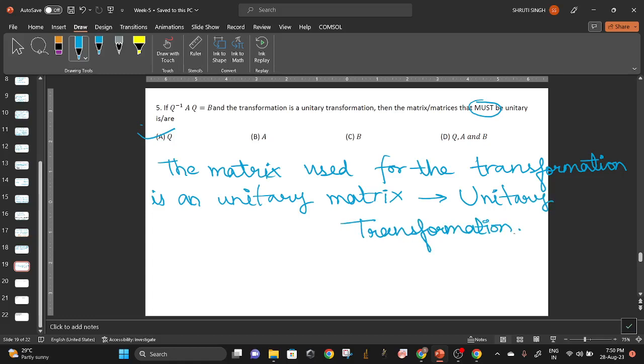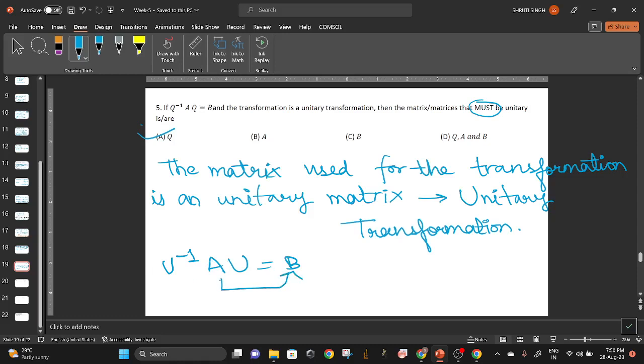The definition of unitary transformation does not put any constraint on what A and B should be. Any transformation using a unitary matrix U, let's call it P, is unitary.